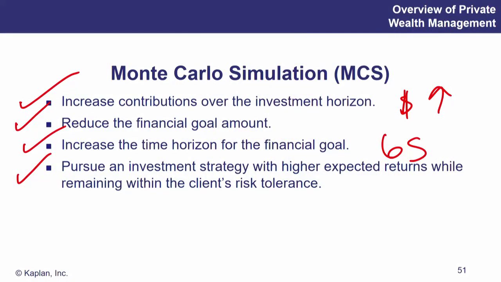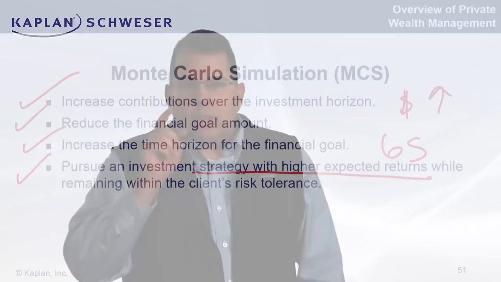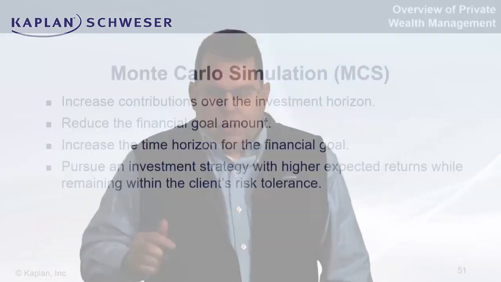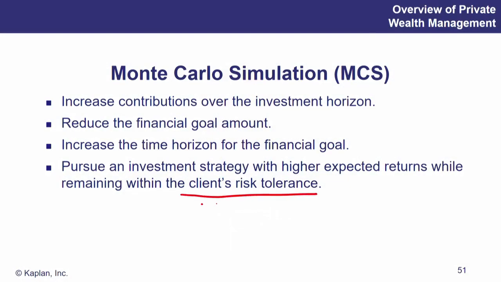So the last thing I want you to think about, how can we increase the chances of us meeting our clients' goals? Well, we can pursue a strategy that has higher expected returns. But here's the key. You can't just immediately put Granny's portfolio in Russian small cap stocks. We have to, again, remain within that client's risk tolerance.